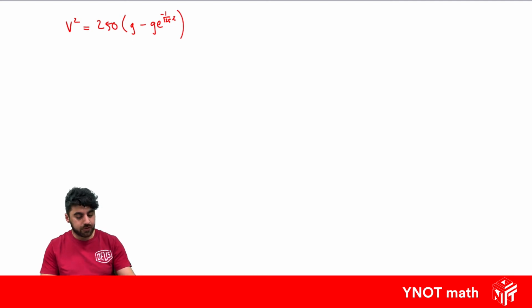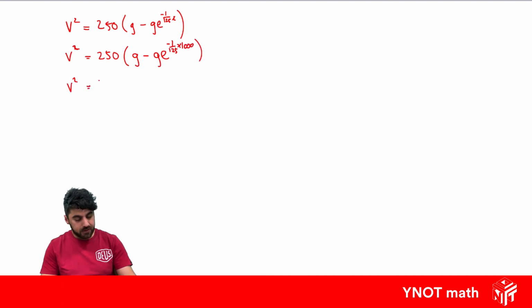So we have v squared equals 250 outside of g minus g e to the minus 125 times 1000.